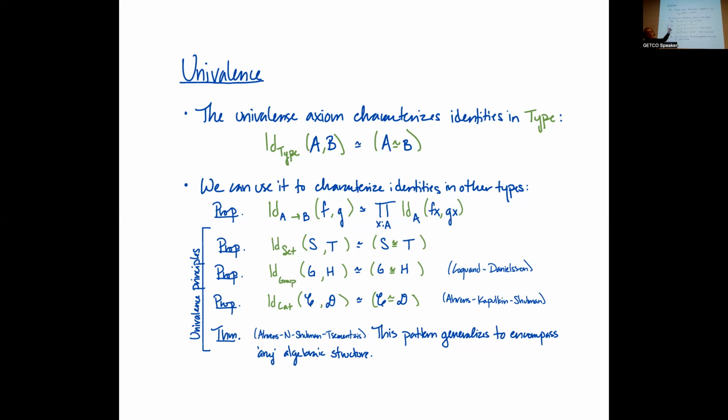So the univalence axiom identifies these two things. It says that if we have two types A and B living in the universe of types, then the identity type between them coincides with the type of equivalences between them.